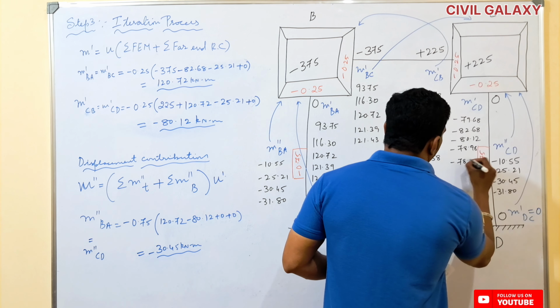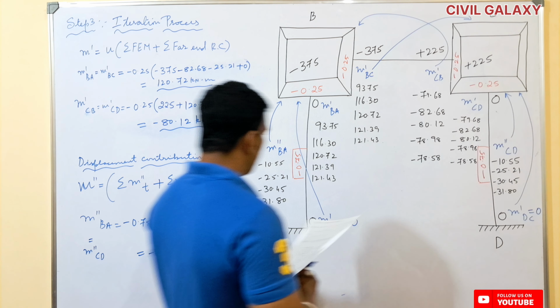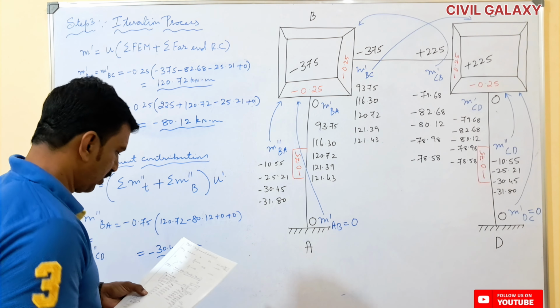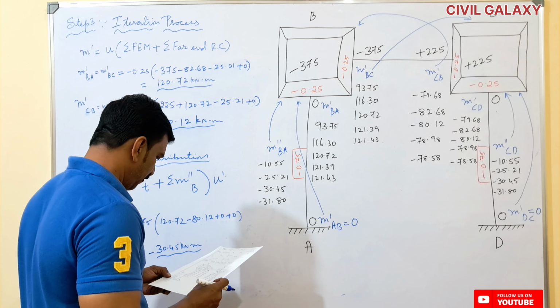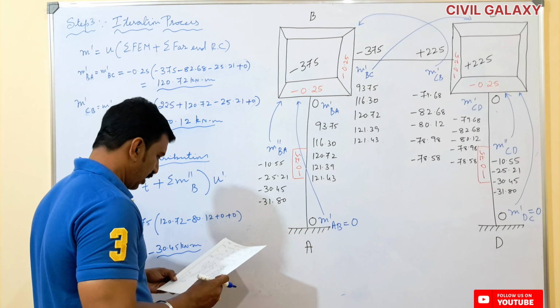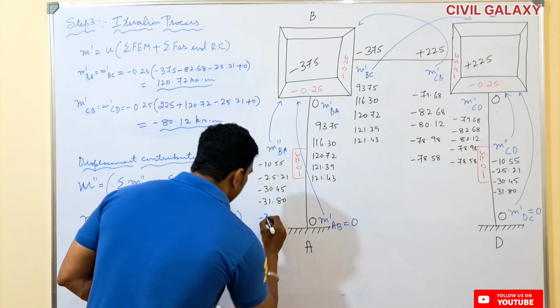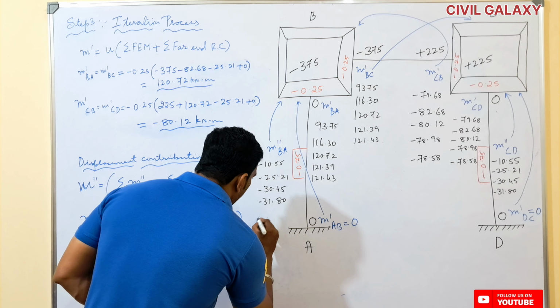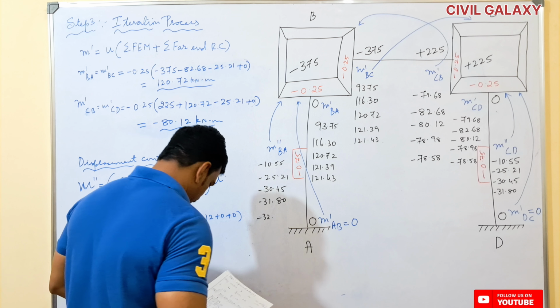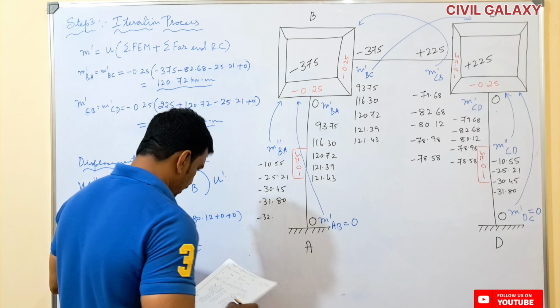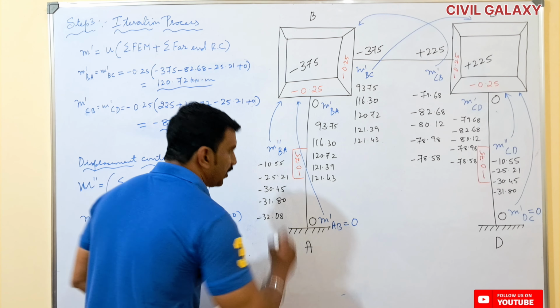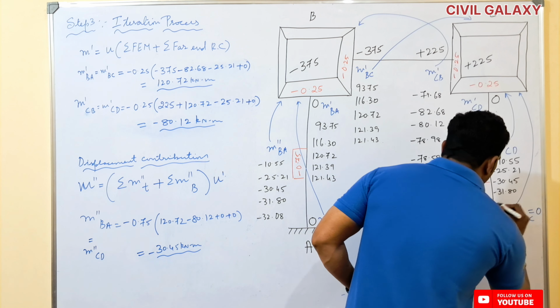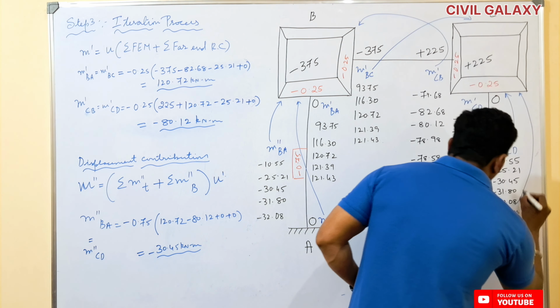So here minus 78.58. And the displacement contributions in the fifth cycle, we are having a value of minus 32.08. Here also minus 32.08.